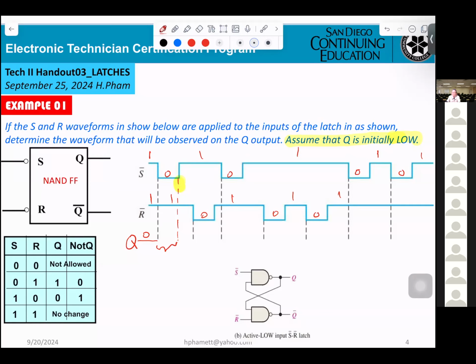S is 0, R is 1, so Q is 1. That's what I try to teach you. If you want to know Q, look into the truth table: S 0, R 1, what is Q? 1.